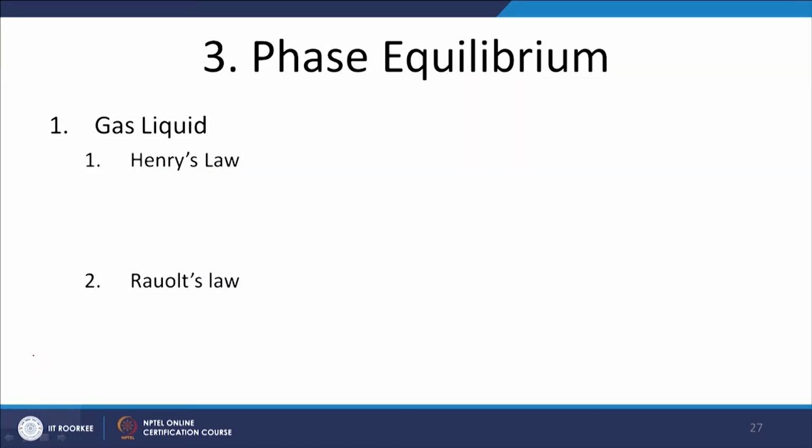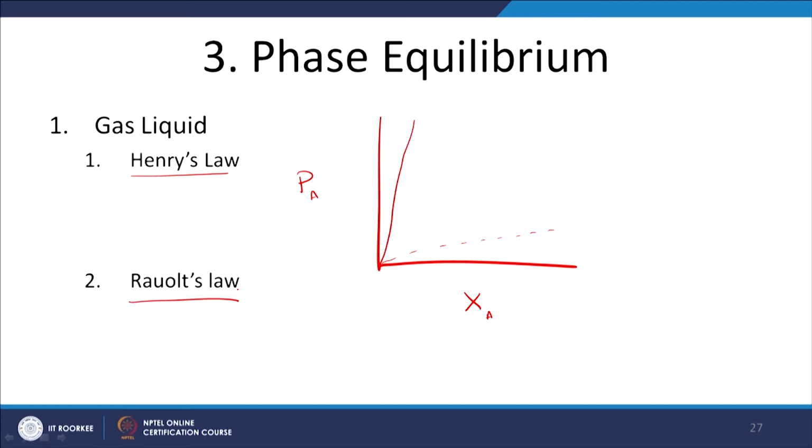So for example, to try to differentiate here, let us look at this particular graph where we have mole fraction on the x axis and partial pressure on the y axis of a particular compound A, and we have two graphs, the one and the other one. Please take a moment and try to figure out which graph would be applicable to which law. Which graph would be applicable to Henry's law, and which to Raoult's law?